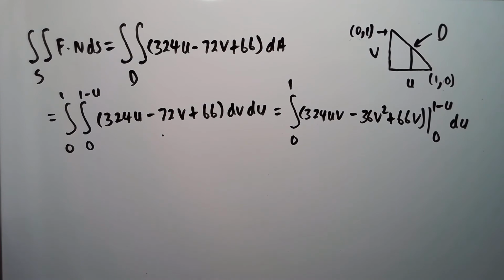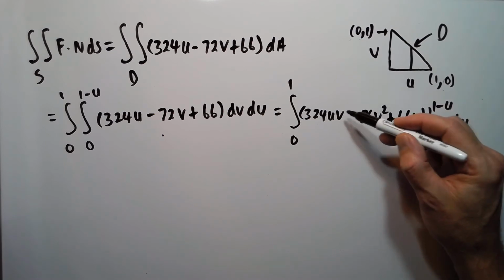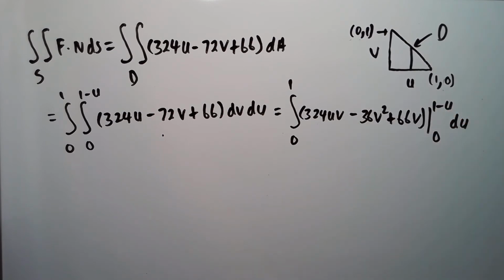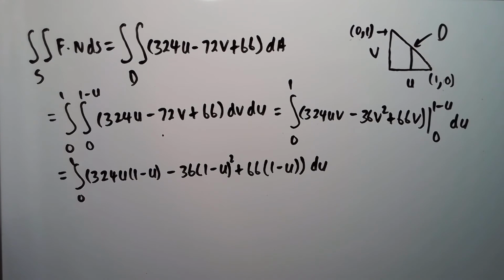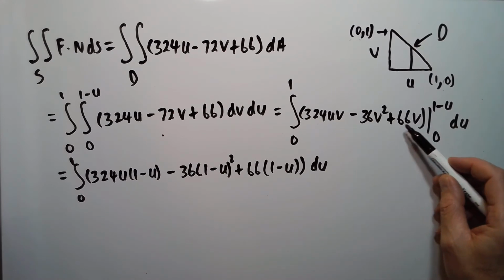So we're going to put 1 minus u in place of v here, here, and here. Doing that, we get this.